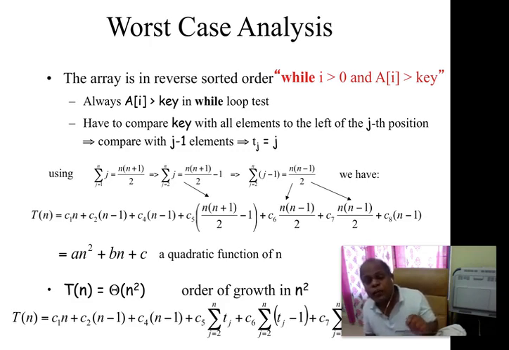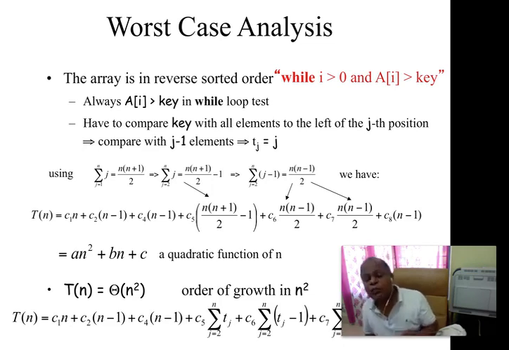In case of the summation of Tj, j from 2 to n, we have to write n into n plus 1 by 2 minus 1 for it, plus C5 n into n minus 1 by 2. Like this, we have to write for C7 n into n minus 1 by 2 plus C8, it is n minus 1.